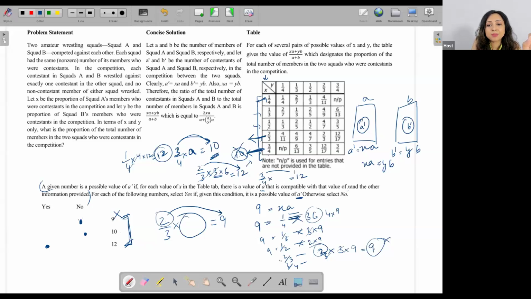So this 3 came here as it is, and there was a 4 also, which means I multiply it by 4 into 4. That is, my a is 16. So this gets cancelled and this becomes 12. So for every value of x, I have a possible value of a which is going to give me a value of 12. So that is why 12 works.